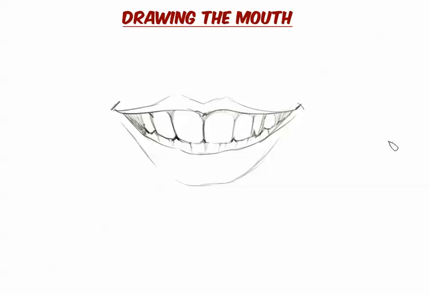So that's the basics of the teeth from the front. Remember, we'll see at least 4 or 5 teeth from the front. Now looking from the side, it's kind of the same thing. When I'm saying 4 or 5, it's counting from the halfway line. So let's give this person a smile. Remember, the angle is going to be that way, because when the jaw, so we have the skull here, the teeth here, put the eye socket in.